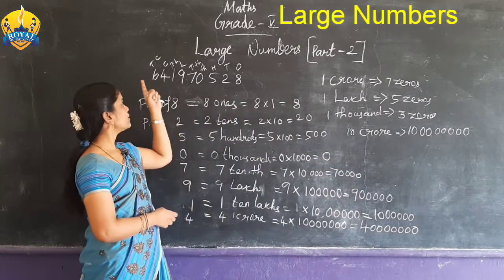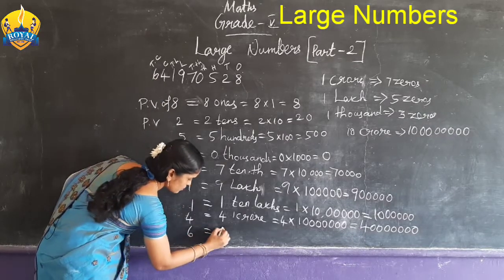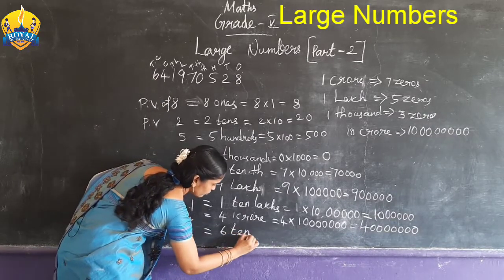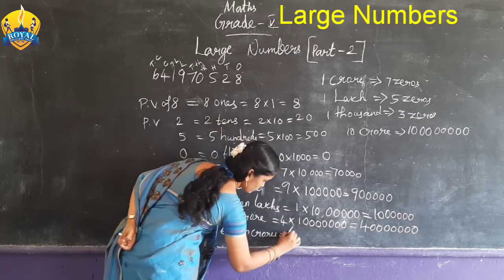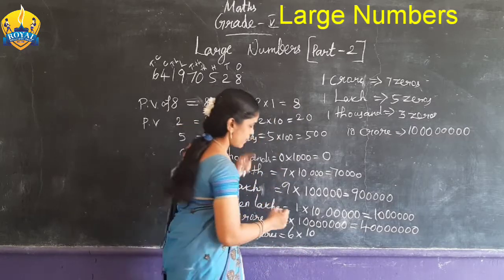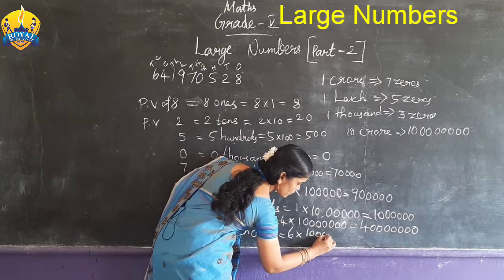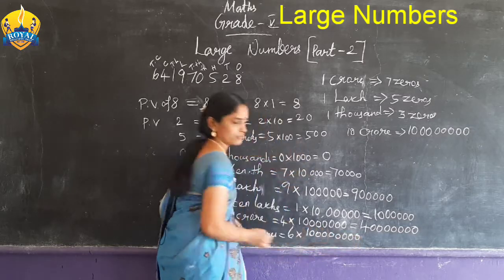Right. The next one, the place value of 6 is 10 crore. So 6 into 10, and a crore has 7 zeros, so we add 7 zeros: 2, 4, 6, 7.